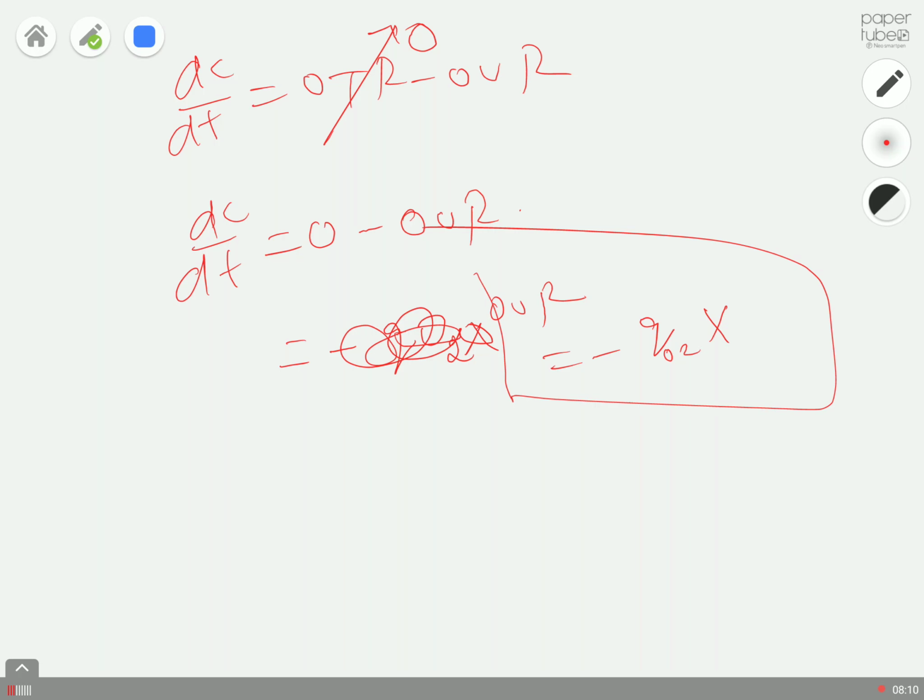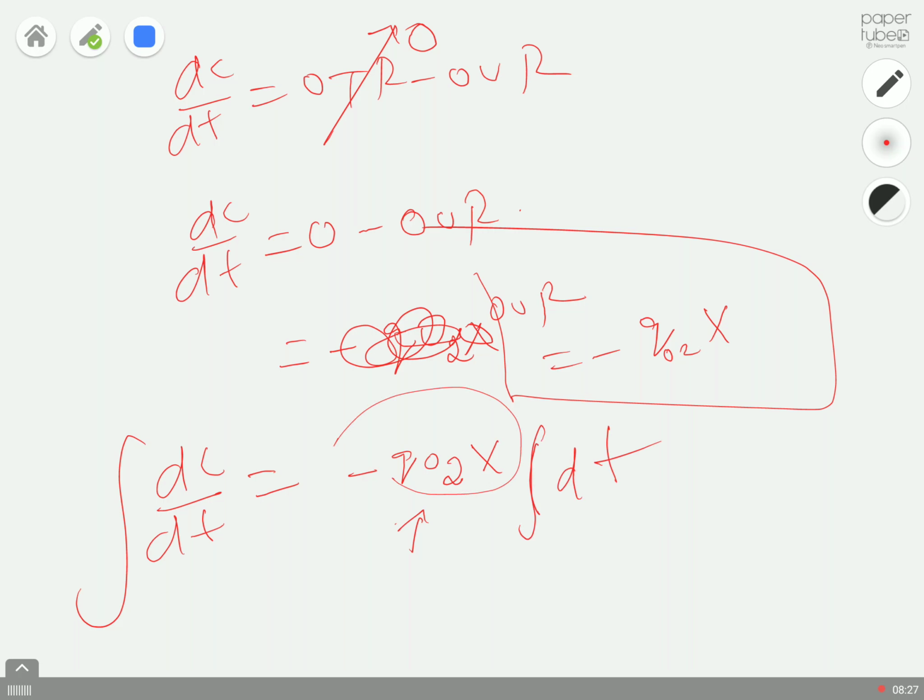So you can integrate this equation. dC by dt is equal to minus QO2 X, this is a constant, multiplied by integration of dt. So you can integrate with respect to your experimental condition.